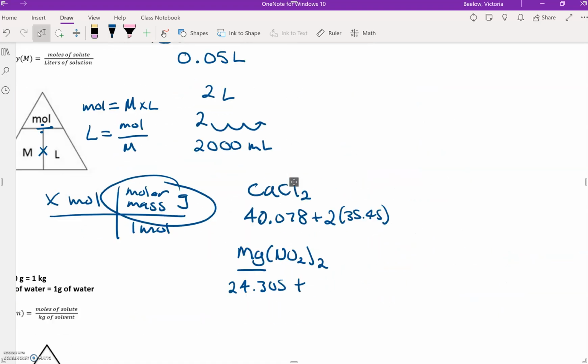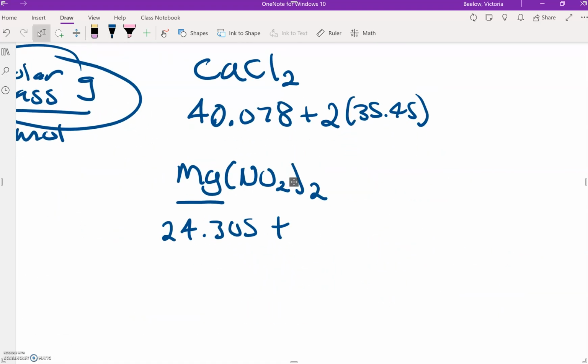plus, now this is the part that can get tricky sometimes. So this right here is saying that you have 2 NO2s, okay? So that 2 is getting distributed to everything inside of the parentheses.